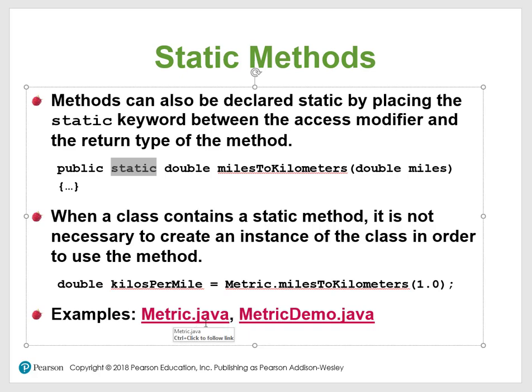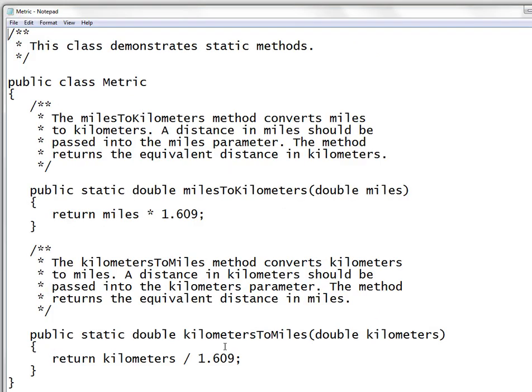I'm going to open up the Metric and the MetricDemo. Here's the Metric class. The milesToKilometers method converts miles to a kilometer distance, so you pass in the miles and the method returns the result. What's new is that when you add static right here, it returns the miles times this constant that converts miles.